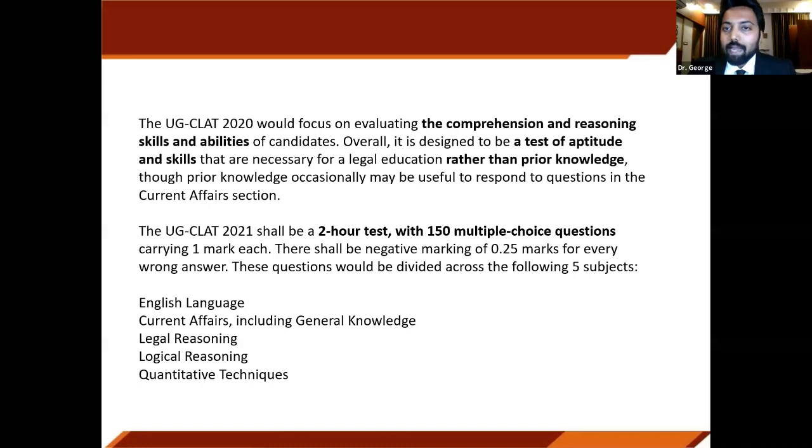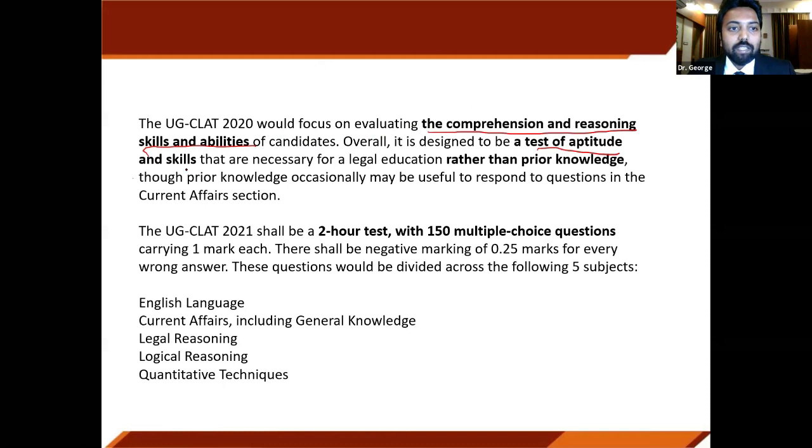They say that the CLAT would focus on evaluating comprehension and reasoning skills and abilities. So why have they added this now? The comprehension and reasoning skills and abilities. And they say it will be a test of aptitude and skills. Again, the word skills is repeated.